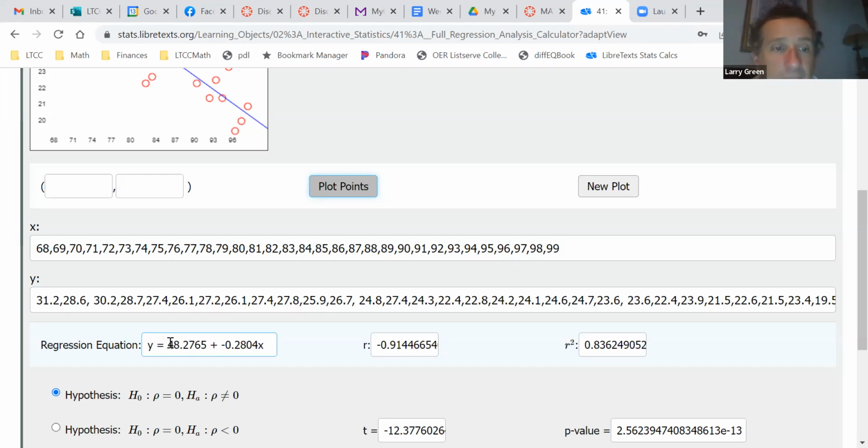So that's our y-intercept. And hopefully you remember, what number is the y-intercept in this example? When we see this equation, how do we find the y-intercept? It's supposed to be easy. It's not a trick question.